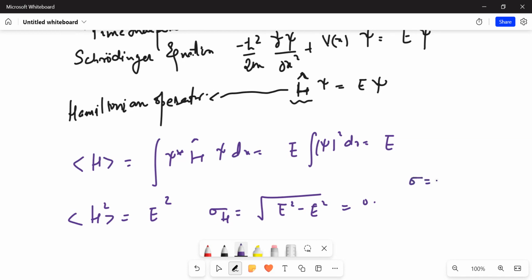You don't have any uncertainty in measuring H, so the variance is 0. It implies that this is true for the separable solution. This separable solution, or stationary state, has the property that every measurement of the total energy gives a definite energy.